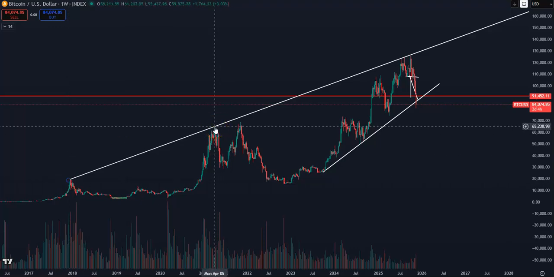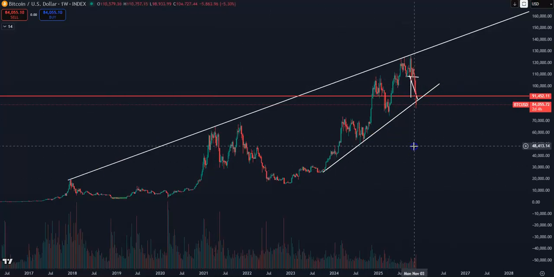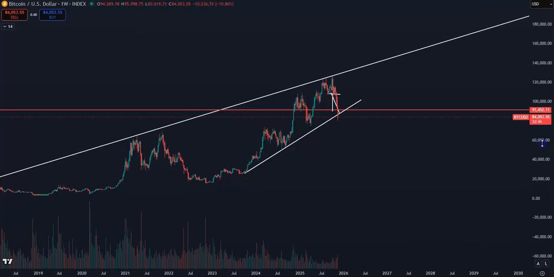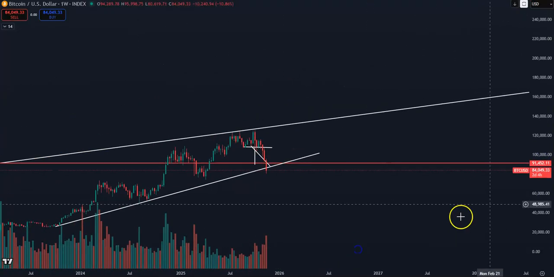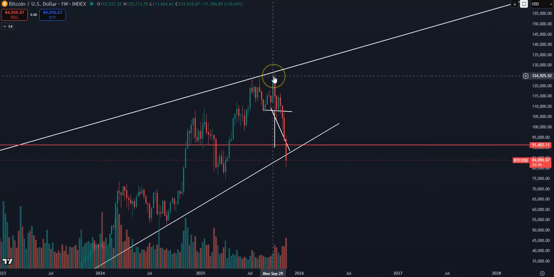Now you actually have a trend line, a resistance trend line. This is a support trend line. This is a resistance trend line. If you follow this resistance trend line all the way up, you'll see that this was the top.